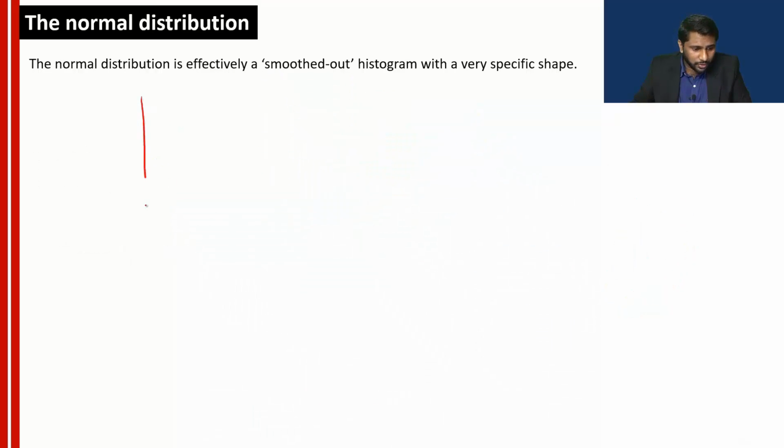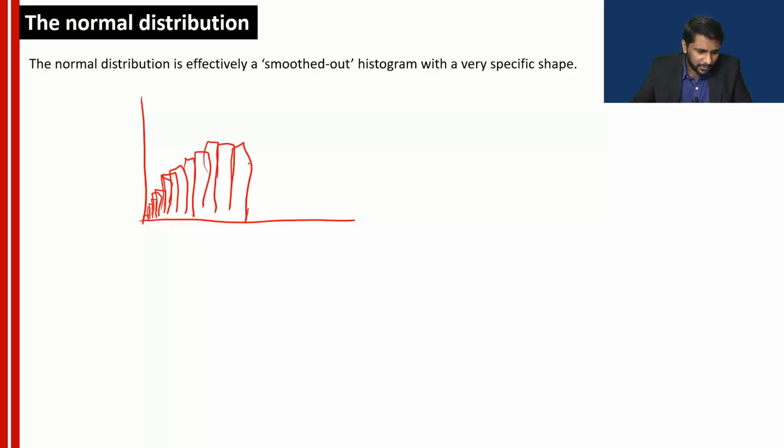But once you draw a histogram with lots of ranges, you will have lots of tiny rectangles, something like this.